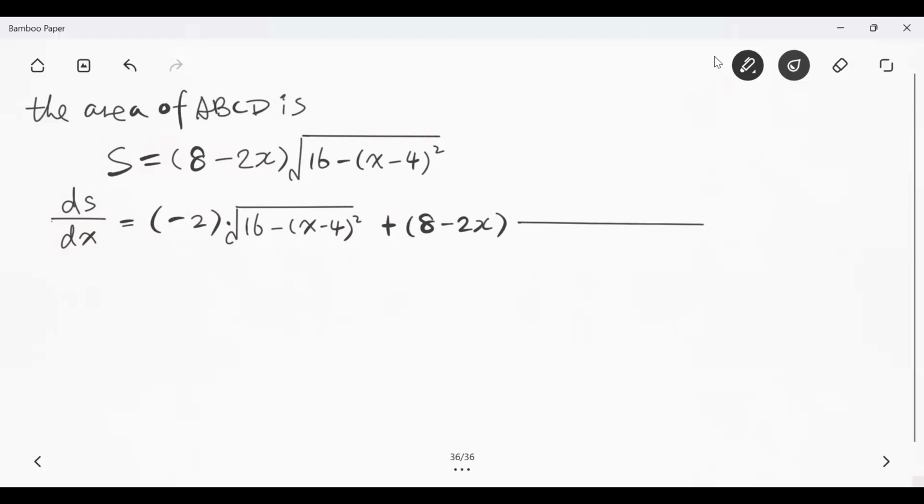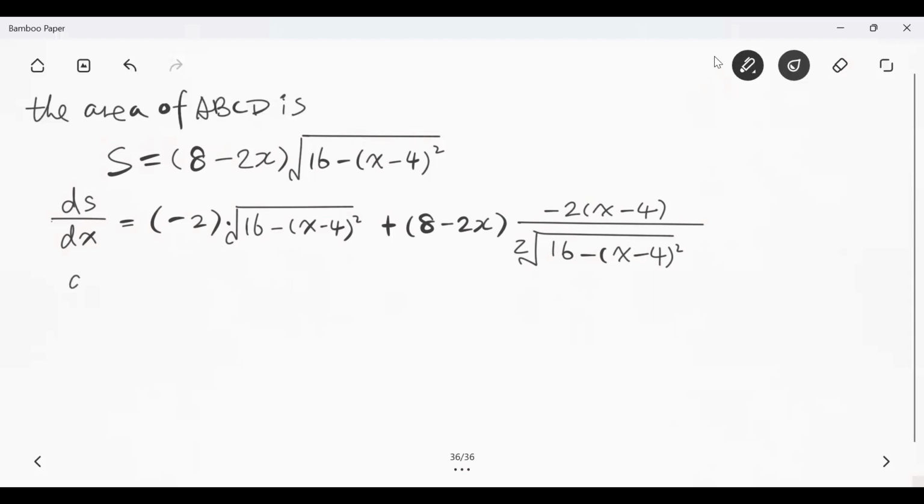We get 2 times the radical in the denominator, and the numerator is -2 times (x minus 4).